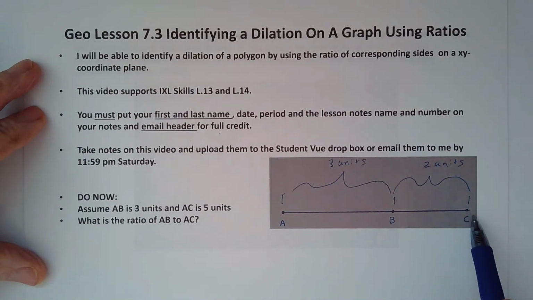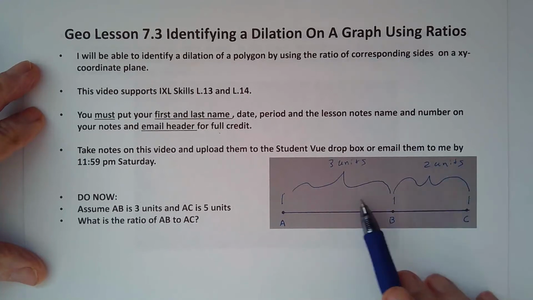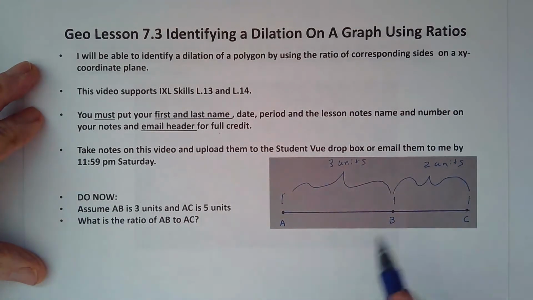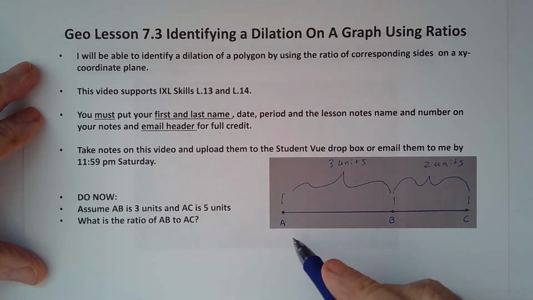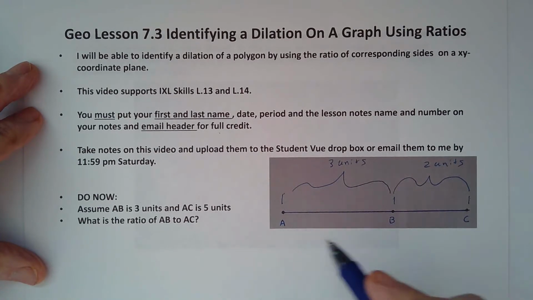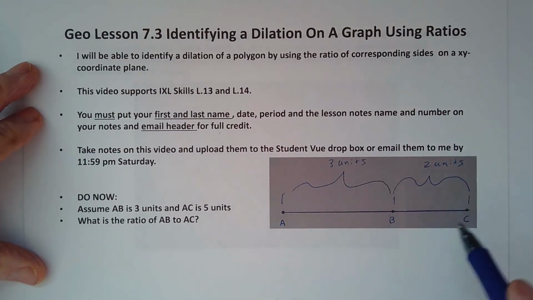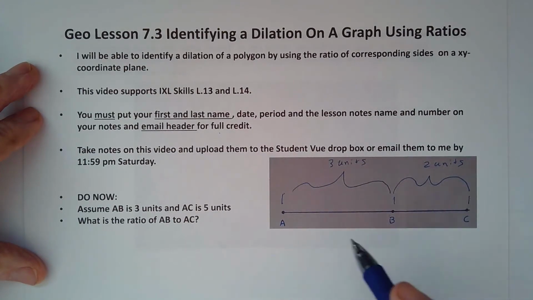And you know from the segment addition postulate that the two measures would add up and be the same. But I'm not asking for the measure of AB or AC or BC. I want to know what is the ratio of AB to AC. So that's not exactly the same as measurement. I want to know the ratio.